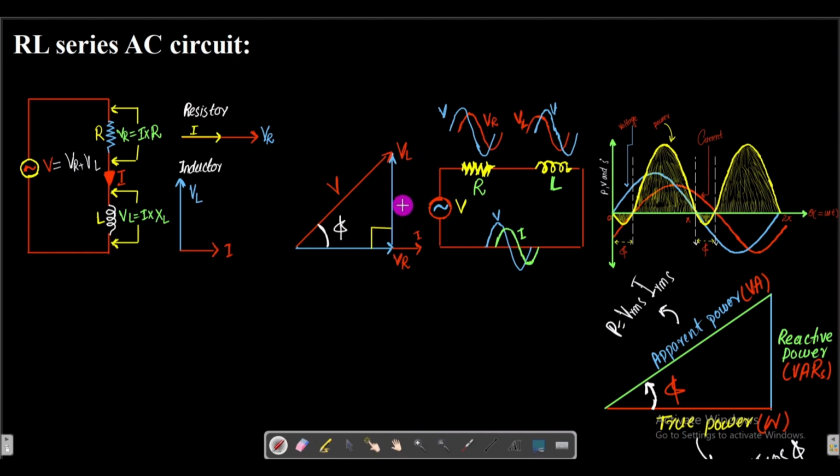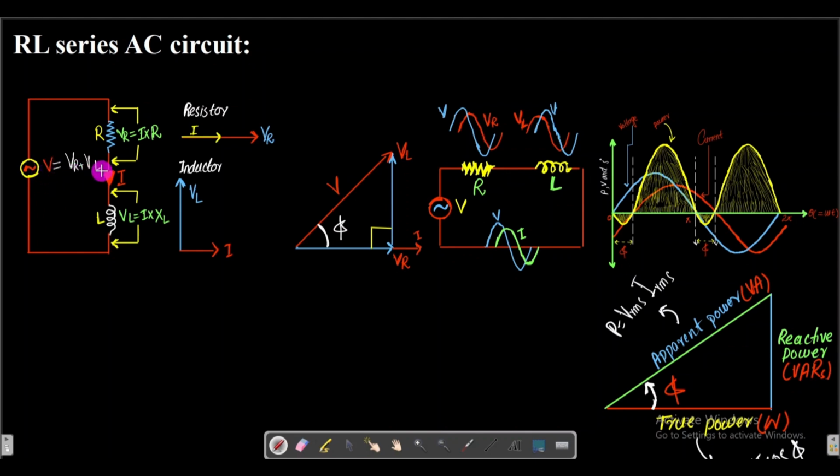Now from the head to tail rule, the resultant will be drawn from the tail of the first vector and connected with the head of the last vector. So this is the resultant, and here the resultant is this provided voltage.